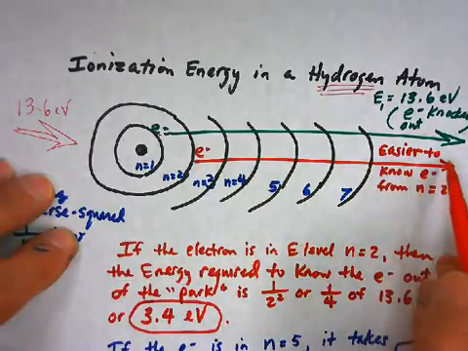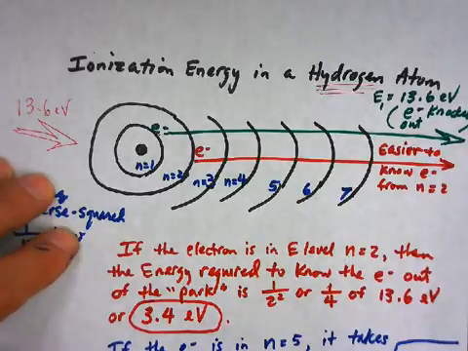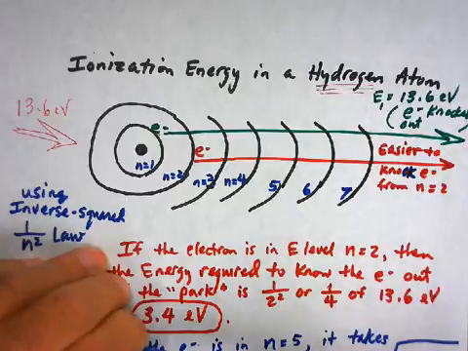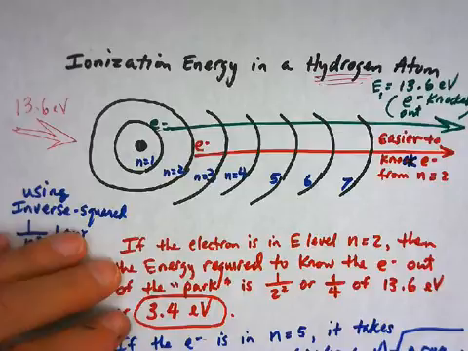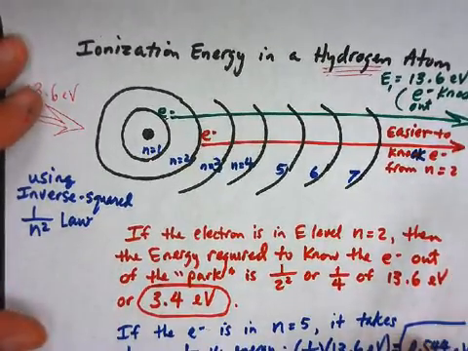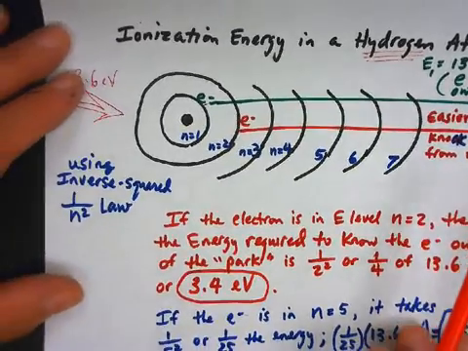So it's actually easier to knock the electron out from one of these energy levels compared to the first energy level. It's like if you're closer to the fence, you can hit it over the fence easier.